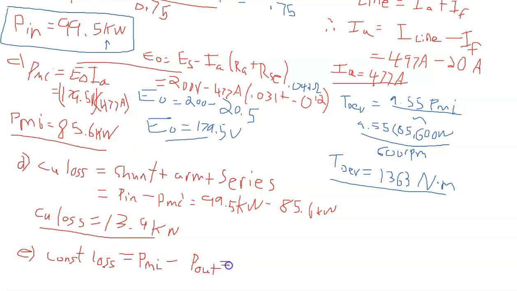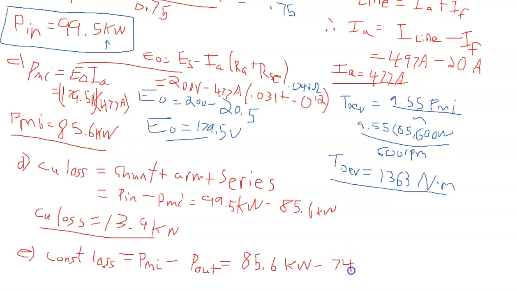And so we have for that PMI, which was 85.6 kilowatts, subtract P out, which was 74.6 kilowatts, right?